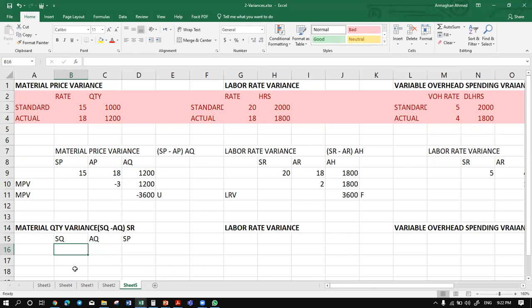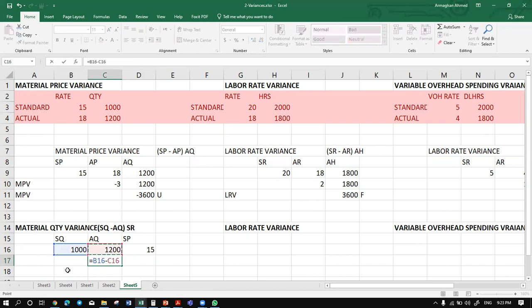So what is the standard quantity we have? 1000. Actual quantity is how much? 1200. Standard price is what? 15. So standard minus actual, what will come?